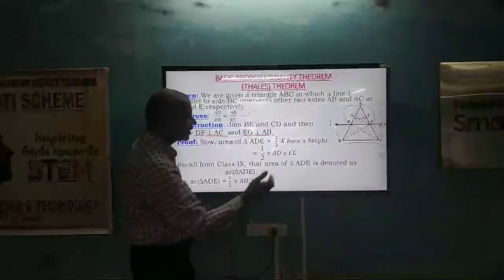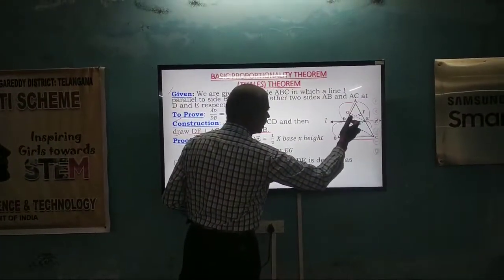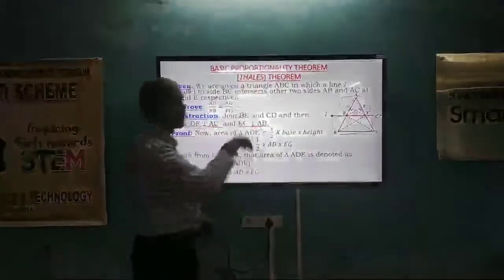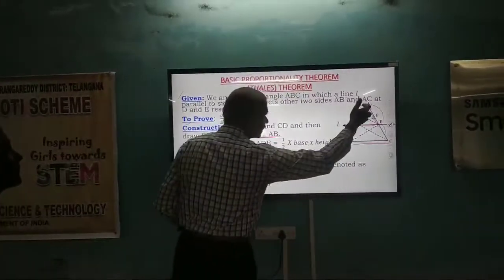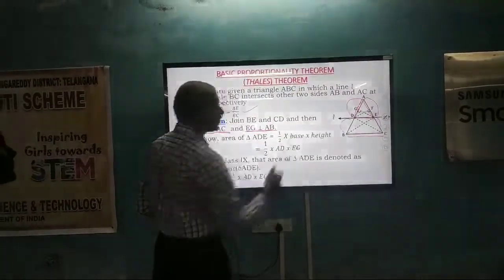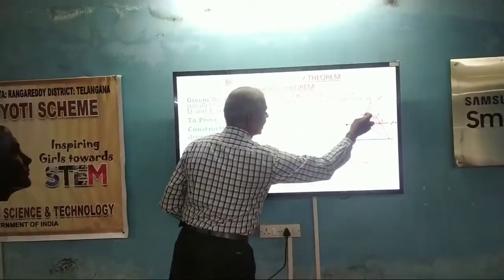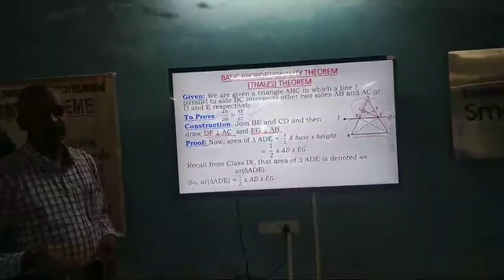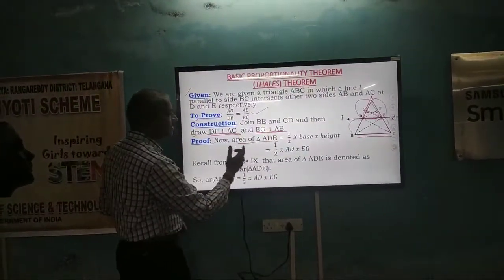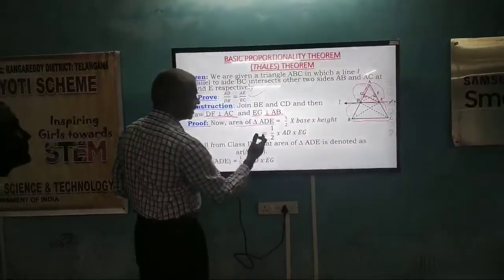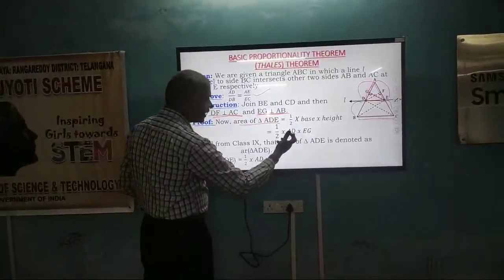Here, if you consider triangle ADE, and take AD as base, then EG will be the corresponding height. Therefore, area of triangle ADE is equal to half into base into height, that is half into AD into EG. Base AD and EG is height.